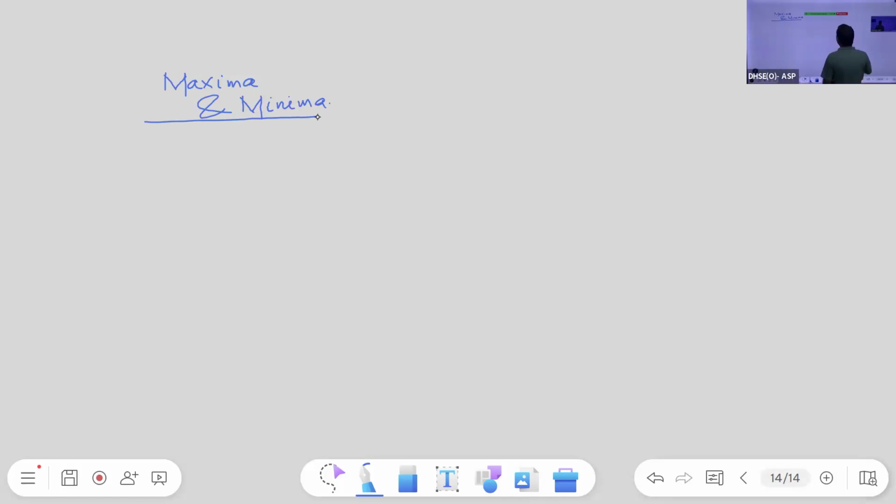So guys, can anybody tell me what do you mean by maxima and minima? Maxima and minima means maximum and minimum value of a function.